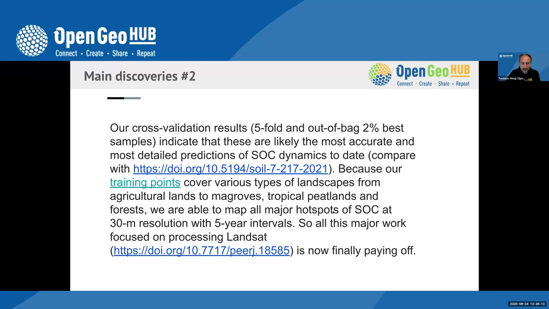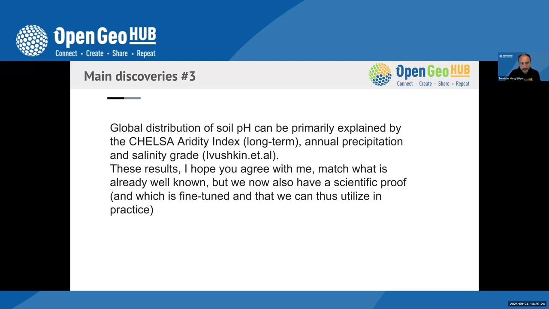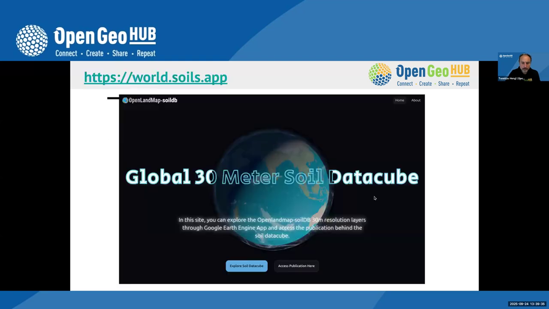They're not always a one-to-one correlation. But in tropical peatland, especially in mangroves, it's visible that there is a loss of soil organic carbon because of deforestation primarily. And then also, as I said, for pH, it's interesting to see that our modeling results really match the soil knowledge of the distribution of pH.